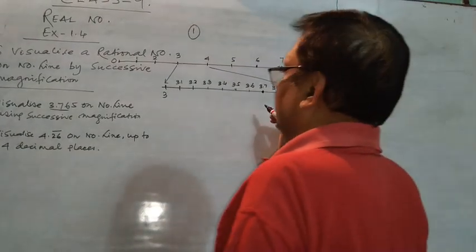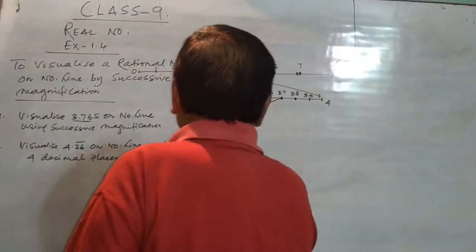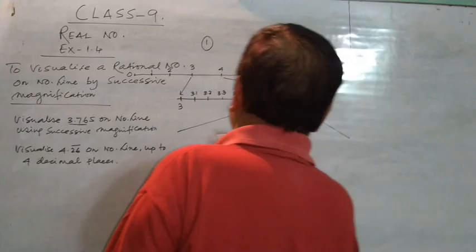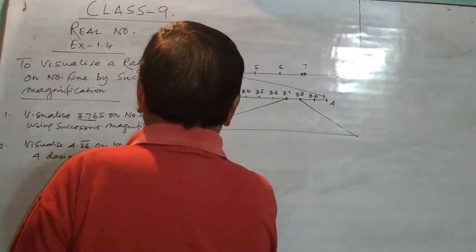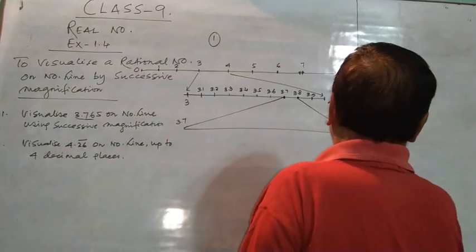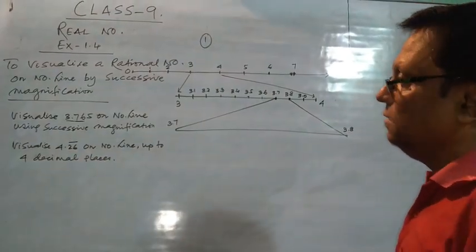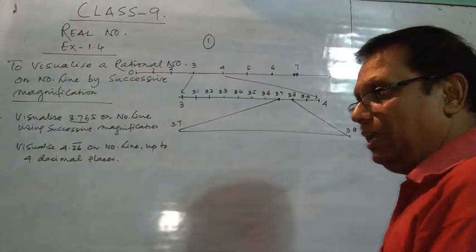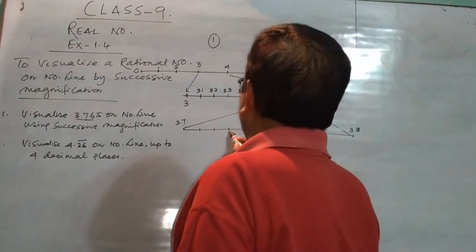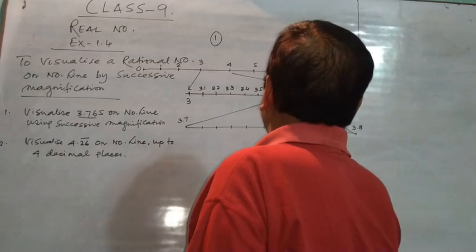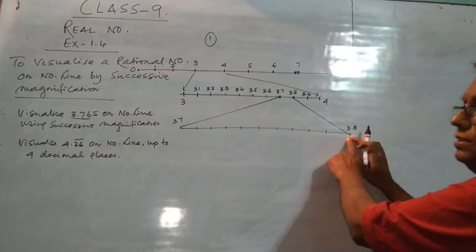So 3.7 and 3.8 will again be magnified in this way. This is 3.7 and this one is 3.8. Again, this line segment will be divided into 10 equal parts by making 9 cuts. 1, 2, 3, 4, 5, 6, 7, 8, 9, and the 10th one is 3.8.